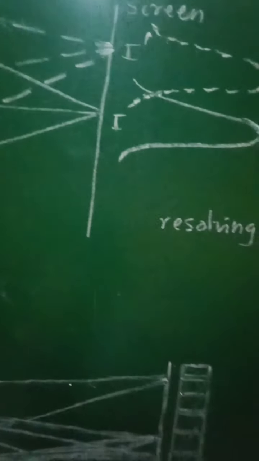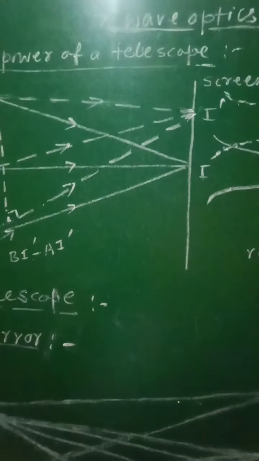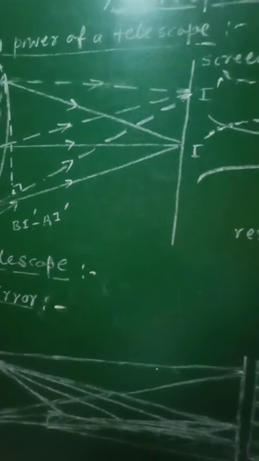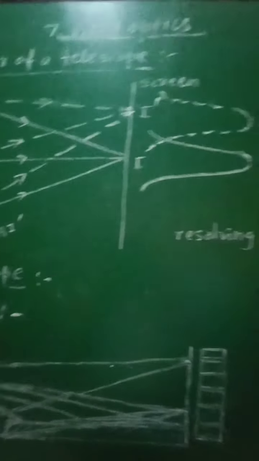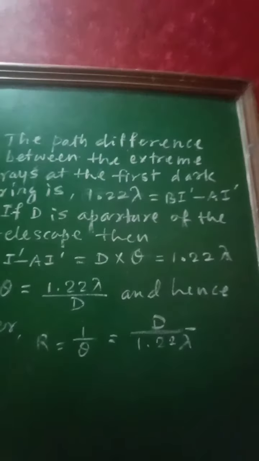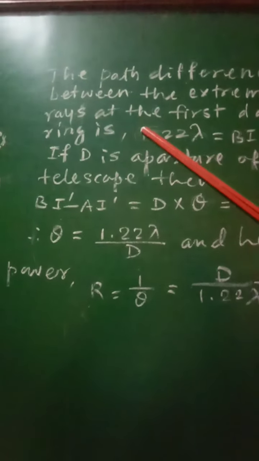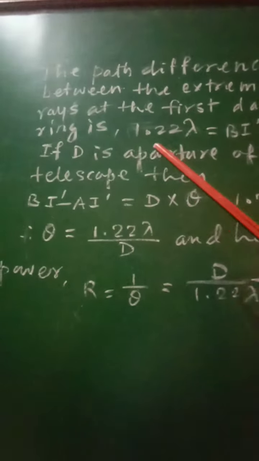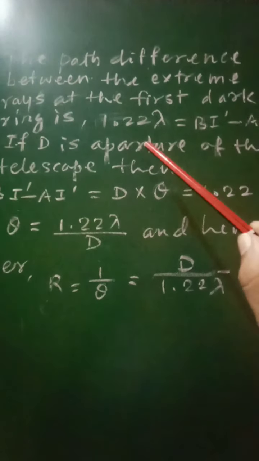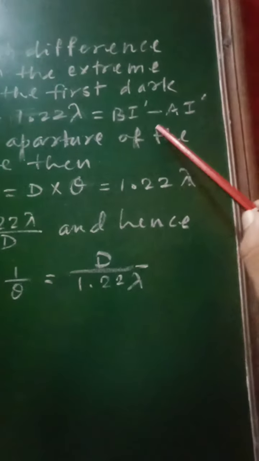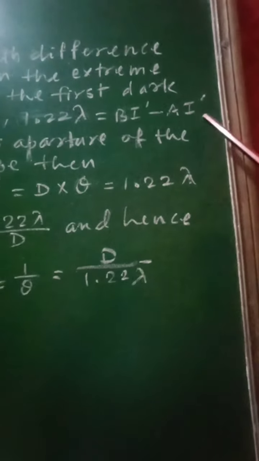If you consider the resolving power of the telescope, the path difference between the extreme rays at the first dark ring is given as 1.22 lambda, that is equal to Bi dash minus Ai dash.